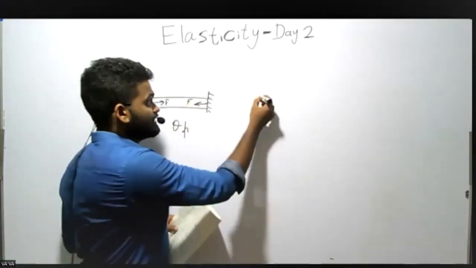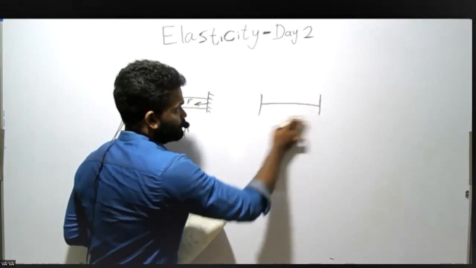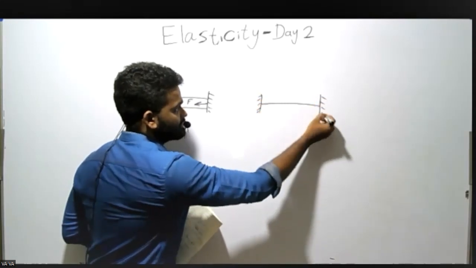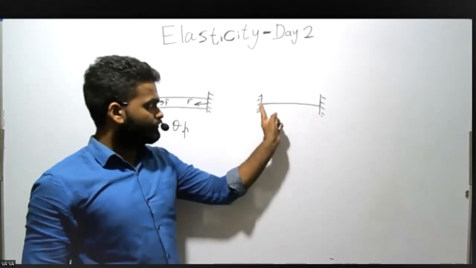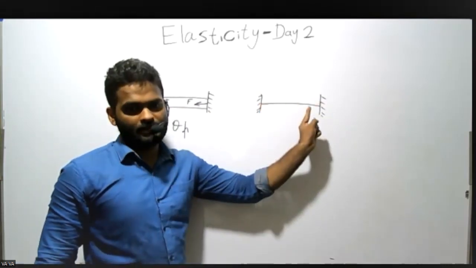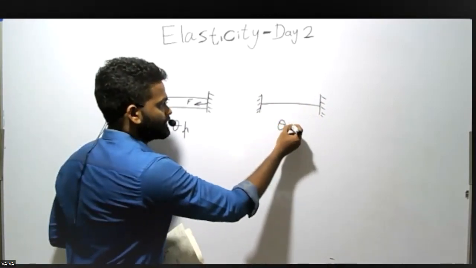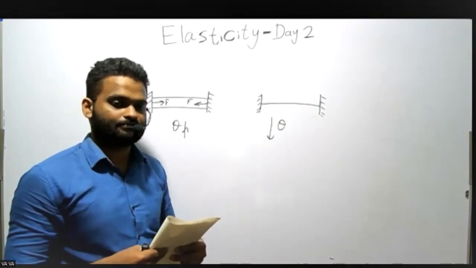Then let's think about another scenario. So you have two rigid walls, but in this case, you have a wire fixed between these two places. Here what you do is you decrease the temperature. So what happens when you decrease the temperature?